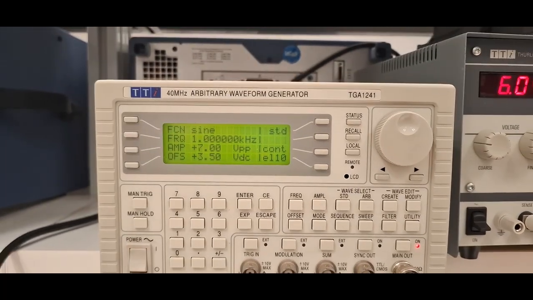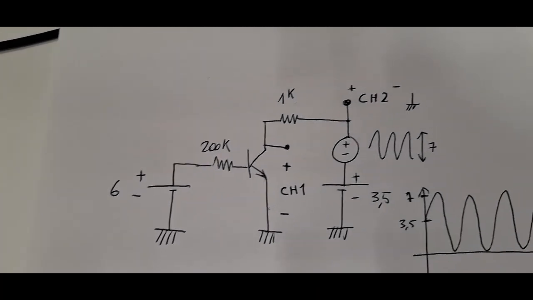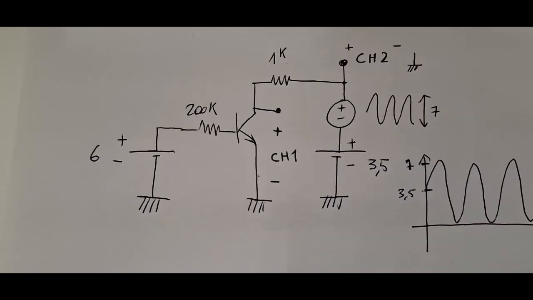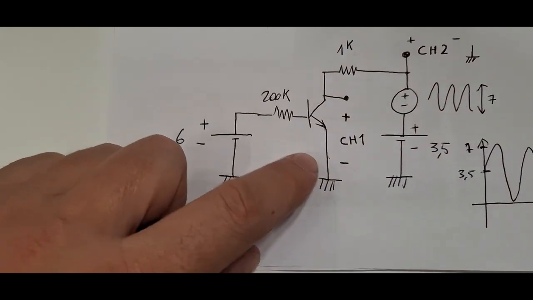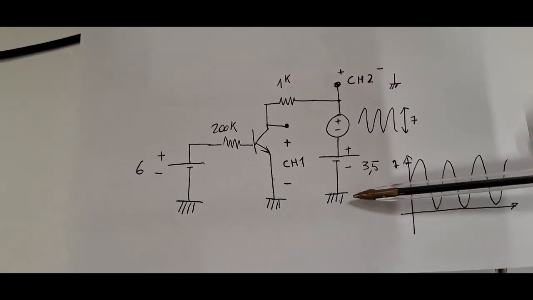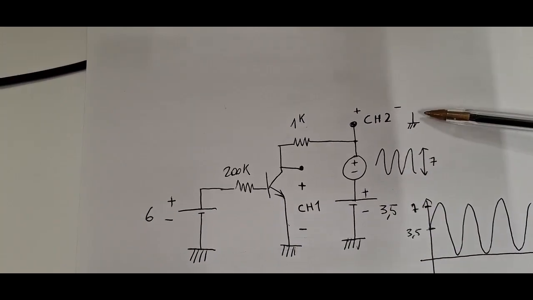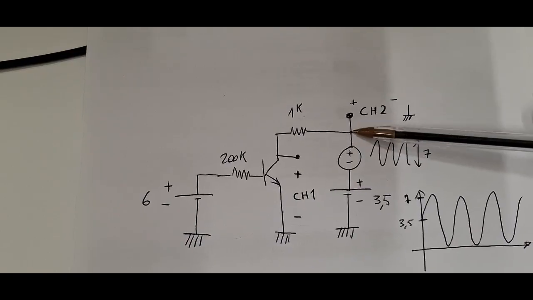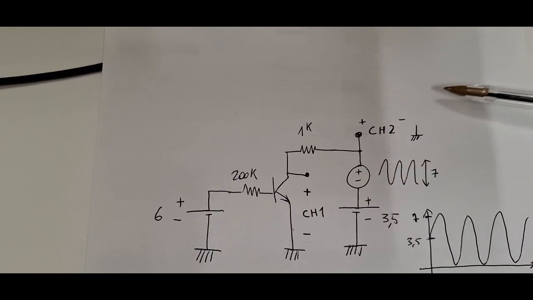So now we want to see these signals on the oscilloscope, so I connect the two channels: channel 1 of the oscilloscope to see the voltage between emitter and collector, and channel 2 between the common ground, this ground, and the output of my signal generator.